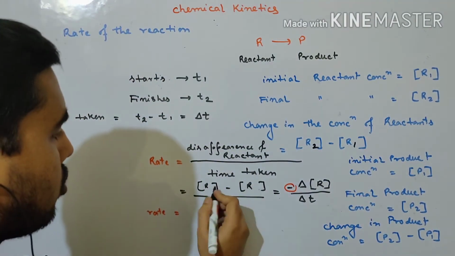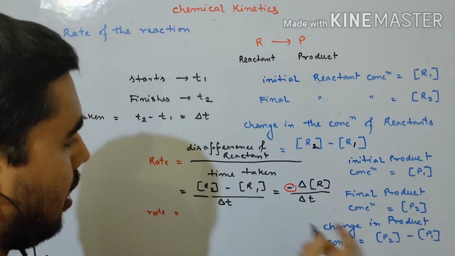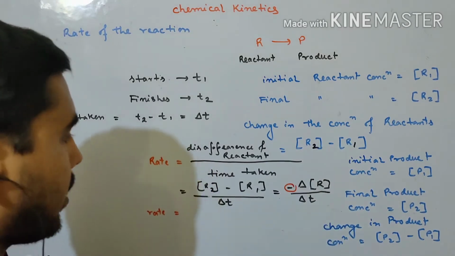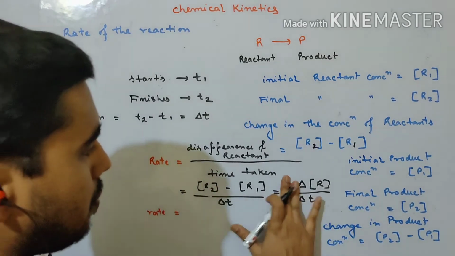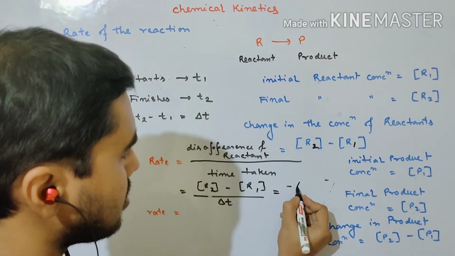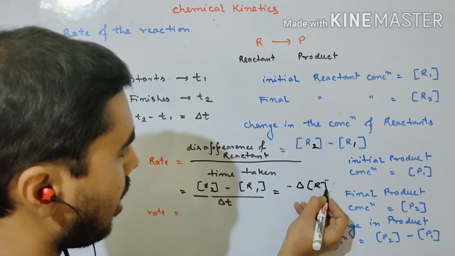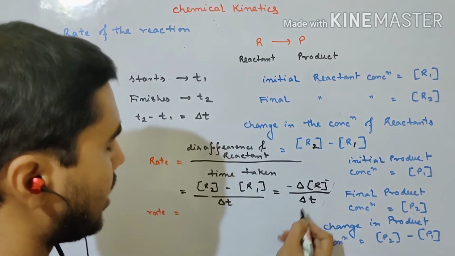Here also it should be R2 minus R1, like P2 minus P1, just a small rectification. So the answer should be minus delta R divided by delta T.